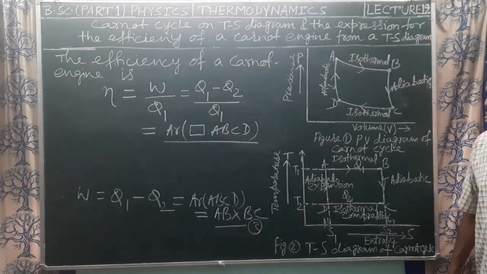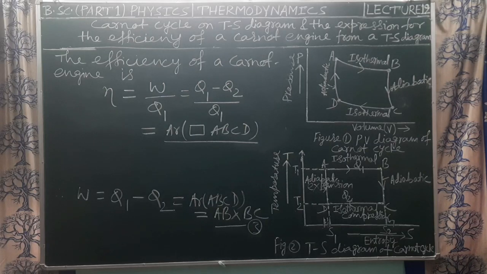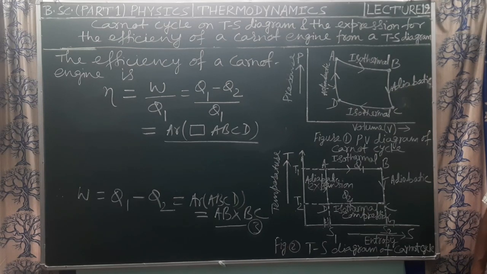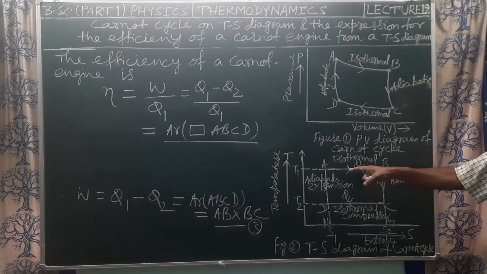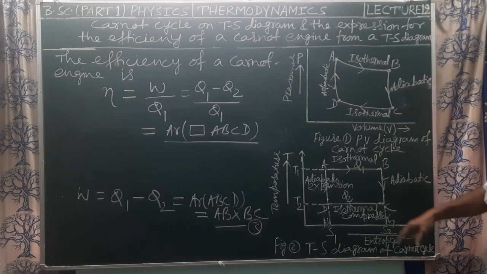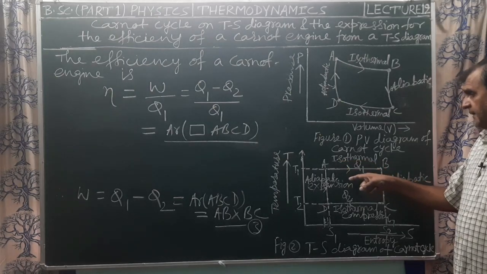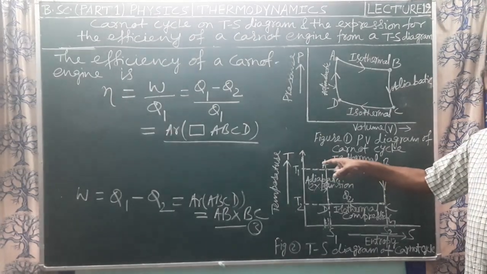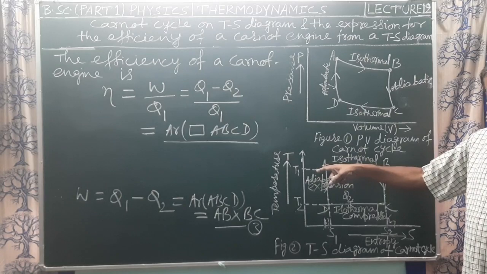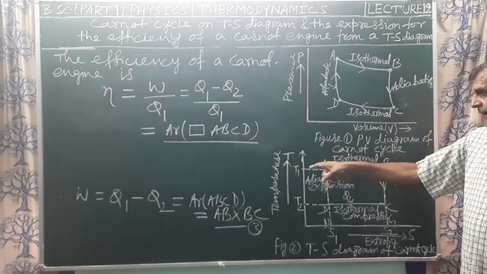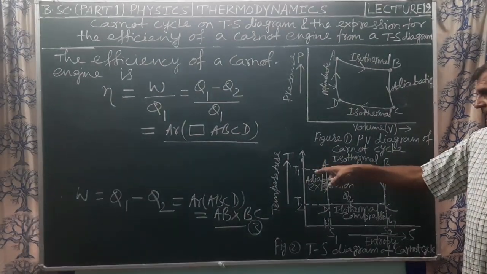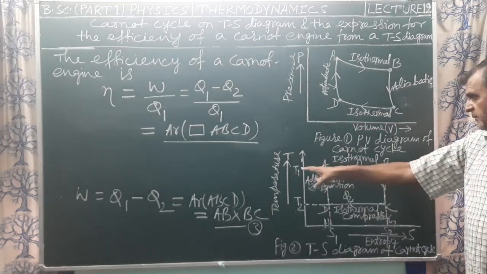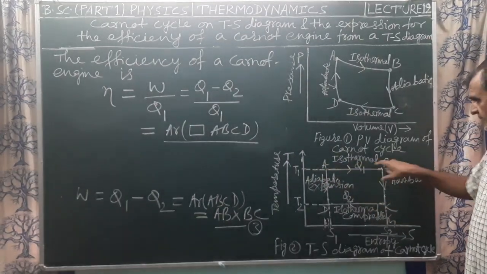In place of Q1, we have already calculated that Q1 is the amount of heat taken by the working substance from the heat source, Q1 is equal to T1 multiplied by S2 minus S1.